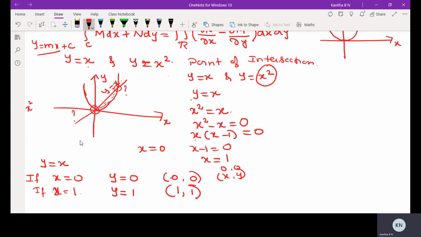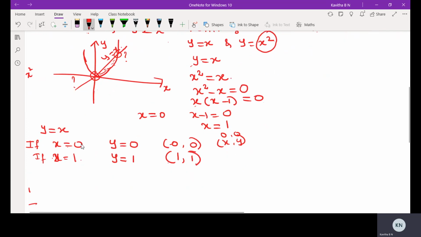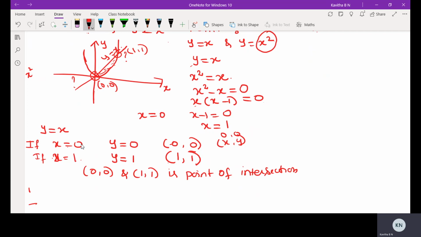If x is equal to 1, y is also 1. We need to find the points of intersection: 0 comma 0 and 1 comma 1 are the points of intersection. This point is 0 comma 0 and this point is 1 comma 1.